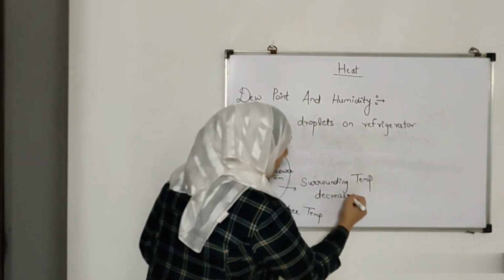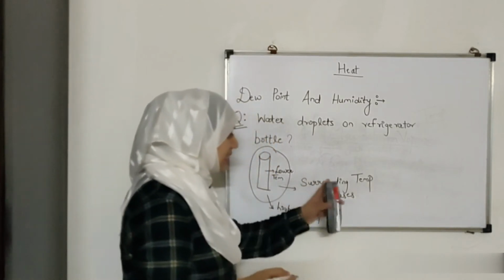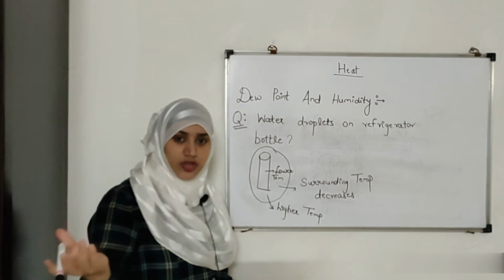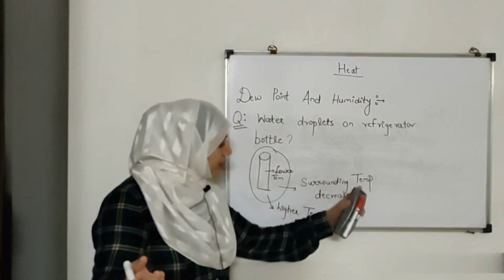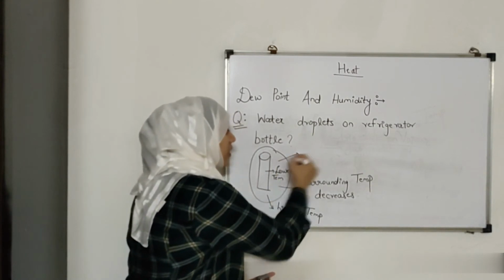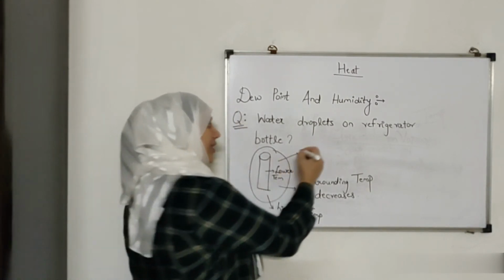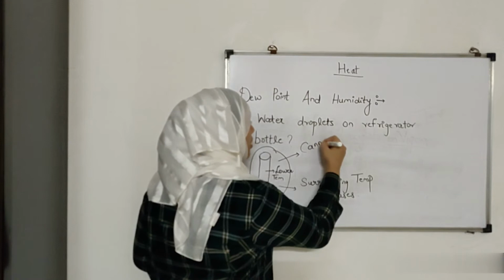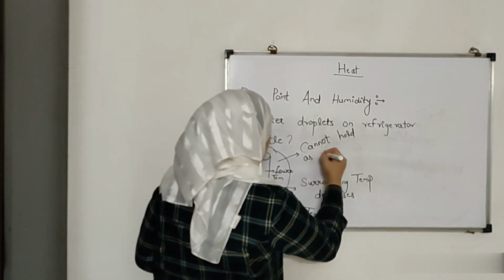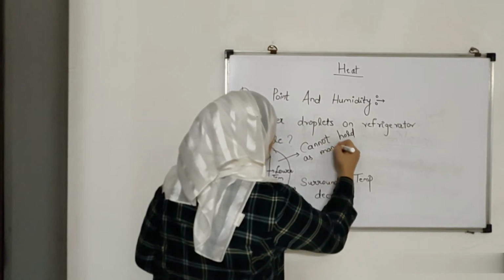So what is happening after the temperature decreases? Before, it was holding more water vapors because the temperature was high. Now its temperature has decreased, so it cannot hold as many water vapors as it was holding before.